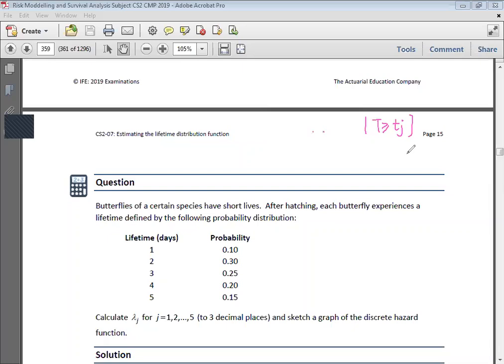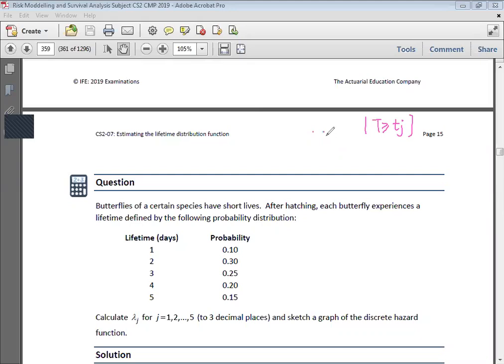When I'm pinning down that T is greater than or equal to Tj, I know for sure that the lives I'm observing at Tj, I'm not expecting any of those lives to be dead. So I know for sure that T will be greater than or equal to Tj.